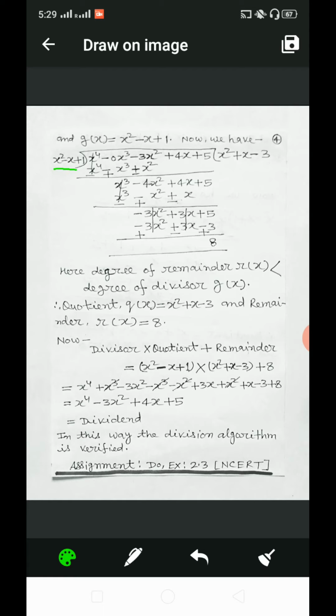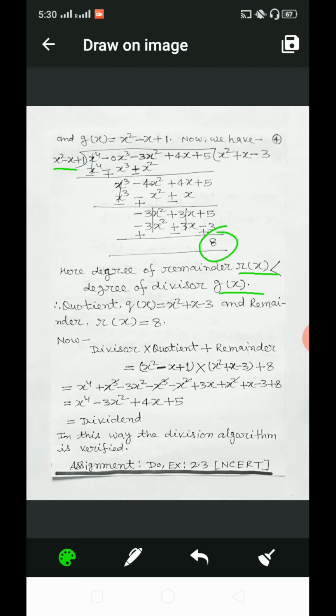In quotient we take the term minus 3 and multiply x square minus x plus 1 by minus 3, we get minus 3x square plus 3x minus 3, and we change the sign of these terms, we get plus 3x square minus 3x plus 3, and after simplification we get 8 as a remainder. Here degree of remainder r(x) is less than degree of divisor g(x).